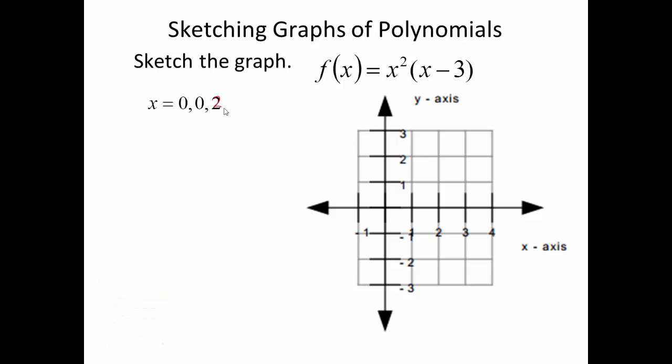So that means that we're going to have a 0 here and a 0 here. And because this is x times x times x, the exponent is going to be odd and it's positive. What is that going to look like? It's going to go down this way and it's going to go up this way.